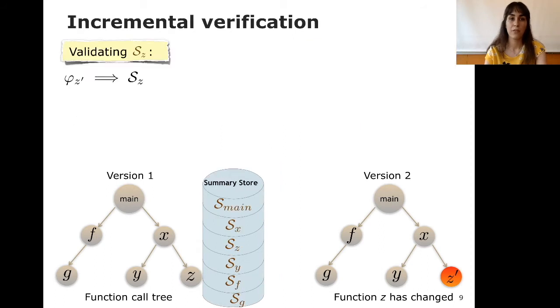So now let's proceed with this checking in the sense of incremental verification. First we check whether the summary of Z over-approximates the actual representation of the new body of Z. If the result is valid, the change is safe, and we can conclude that the new version is also safe.